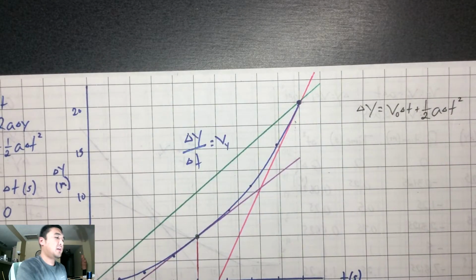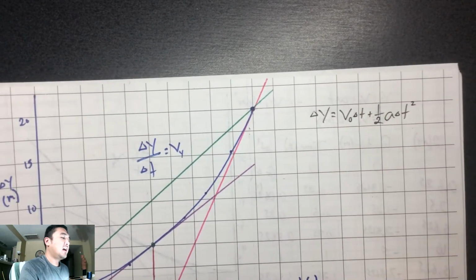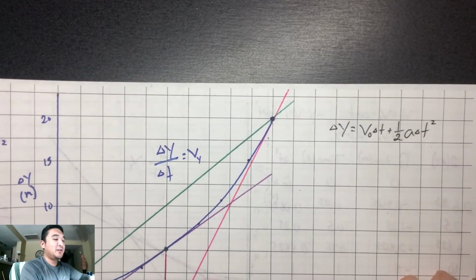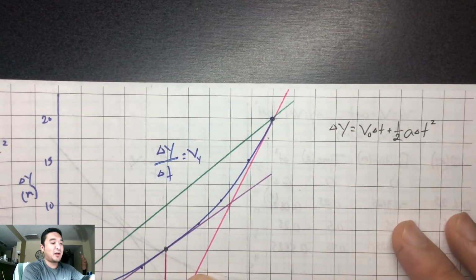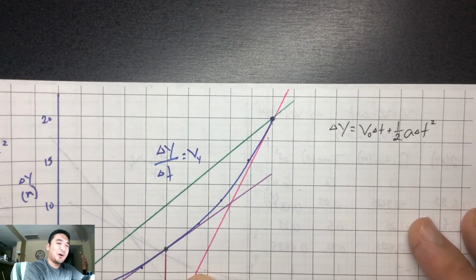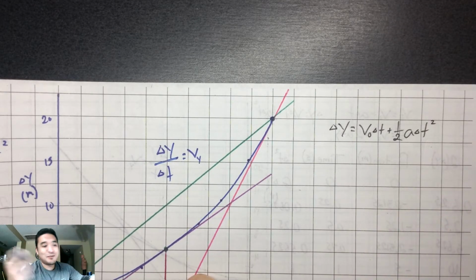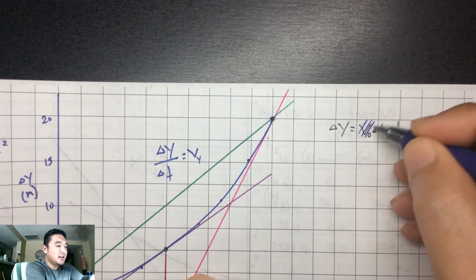So using the data that we have, we're going to manipulate this algebraically and then apply it. What do we know? We know that we're dropping from rest. This is an easy problem, and if you drop from rest, the initial velocity is nothing.